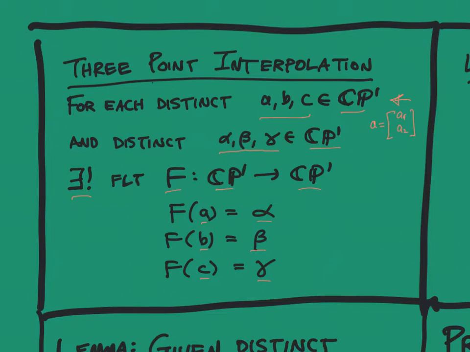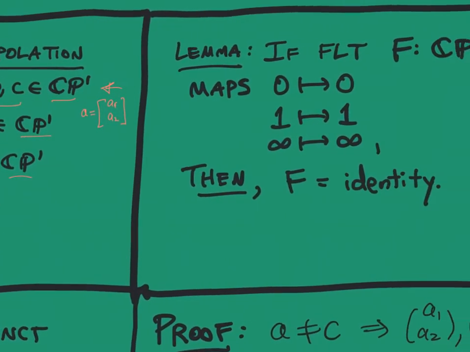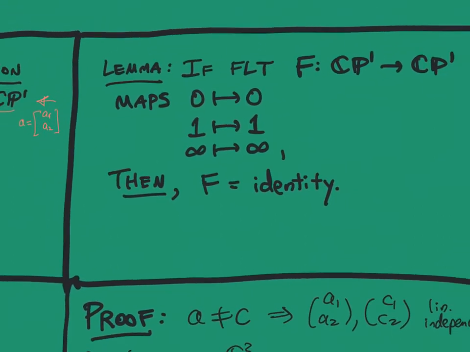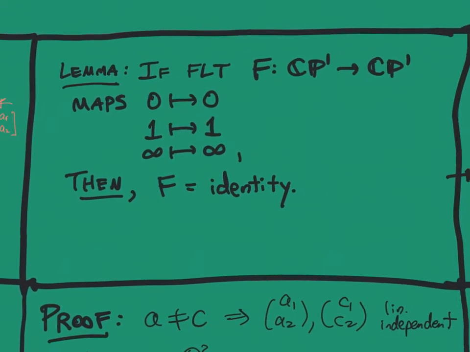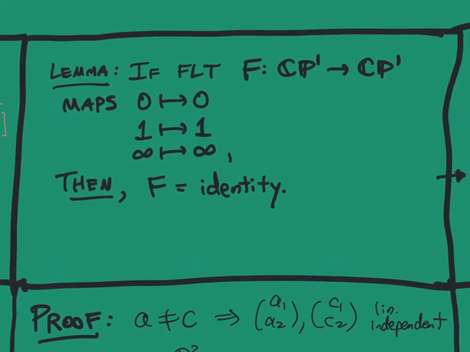Now we can prove this pretty easily through two lemmas. The first lemma is how we will address uniqueness. It just says if we have a fractional linear transformation that sends 0 to 0, 1 to 1, and infinity to infinity, and what I mean here by 0 is the point that we identify with 0 in CP1.